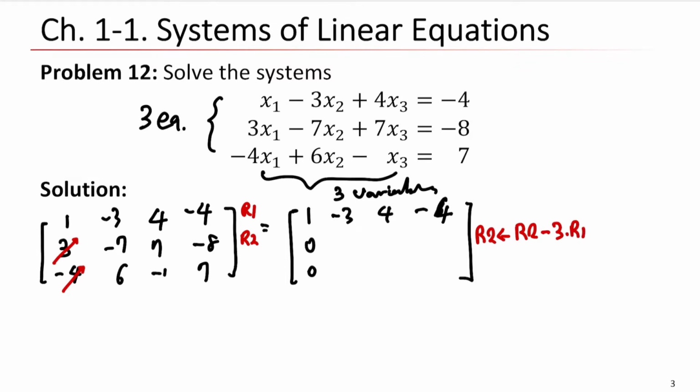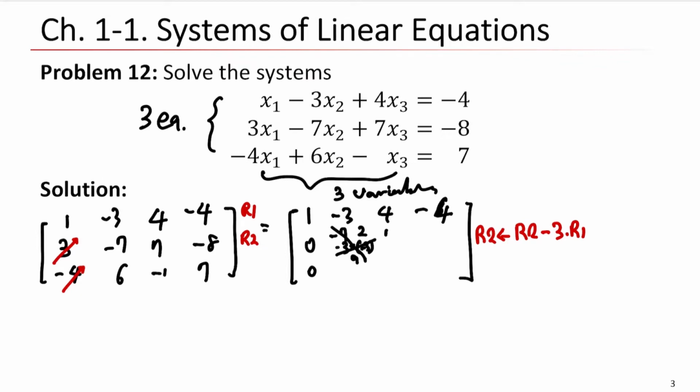So in this case, this new row 2 will be: -3 times 3 is -9, so this term will be 2, right?